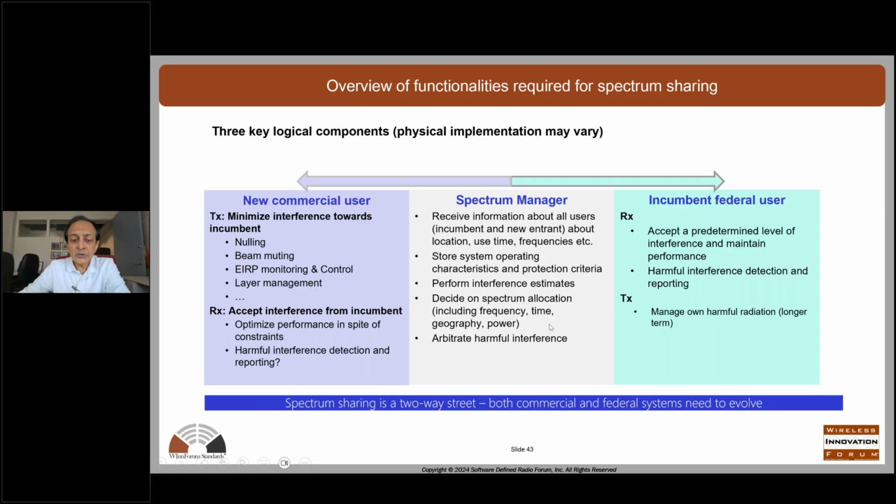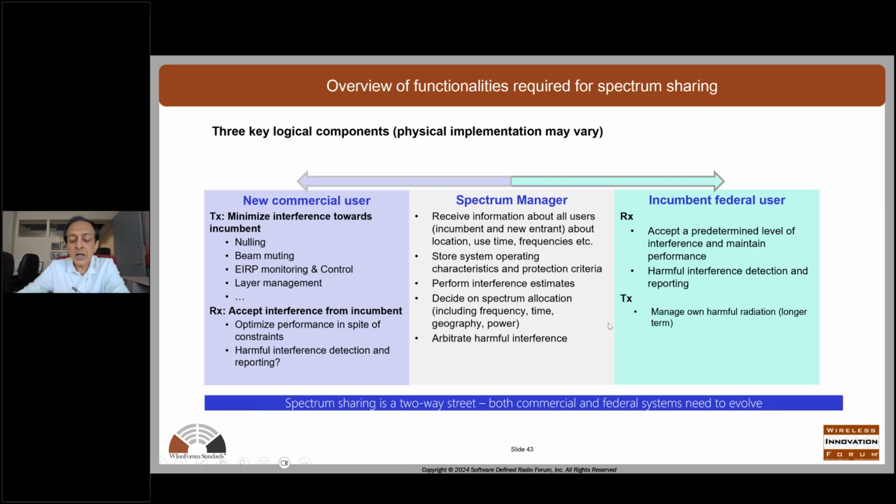Then if we talk about the spectrum manager, a lot of the coordination function is done through the spectrum manager. It receives information about all the users, both incumbent and new entrant, about location, use time, etc. It stores the system operating characteristics and protection criteria so that it can perform the interference estimates and decide on spectrum allocation, including frequency, time, geography, etc. And it can possibly also arbitrate harmful interference, saying that this is what has been agreed upon.